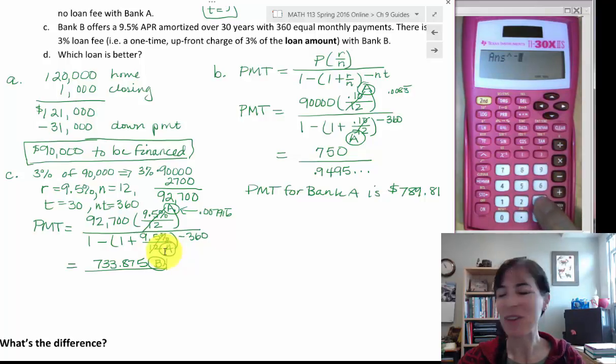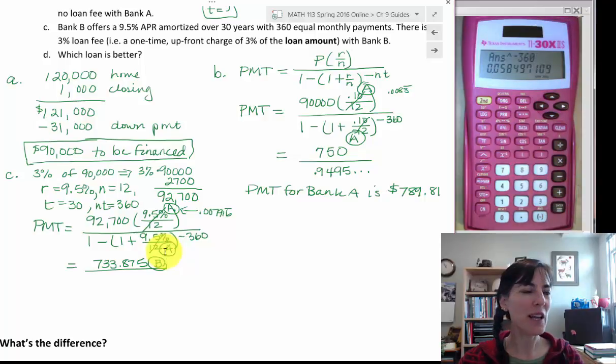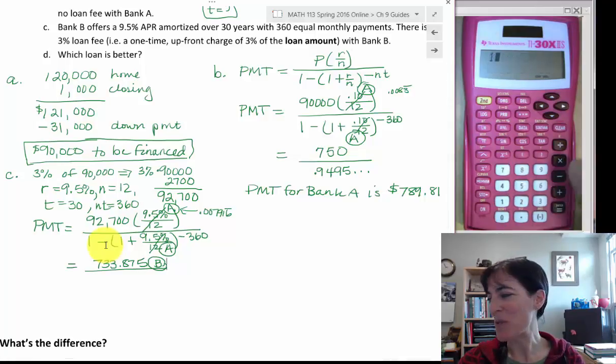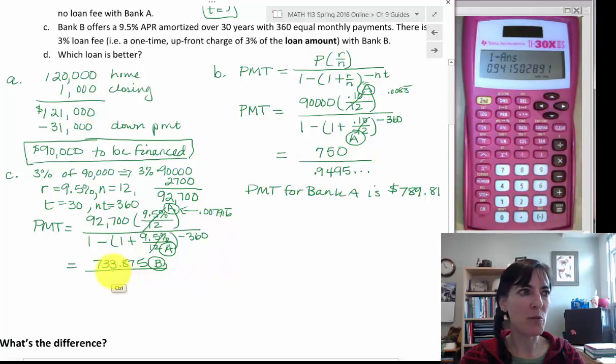Put that negative 360 equals, and then I have to take, I've done this entire part here, and now I have to do 1 minus that value on my calculator, which is stored in the answer bin, remember, so 1 minus answer, and I get 0.94.